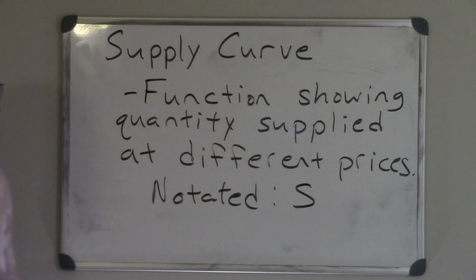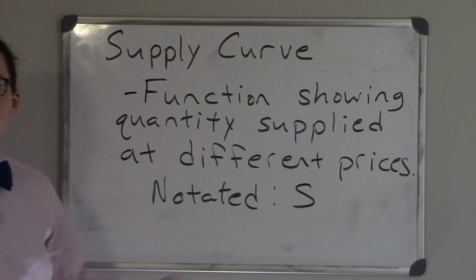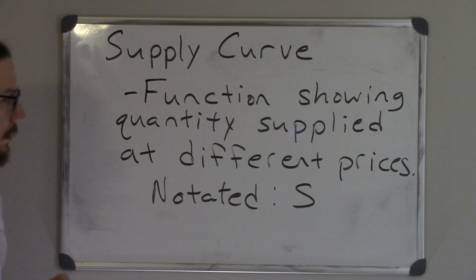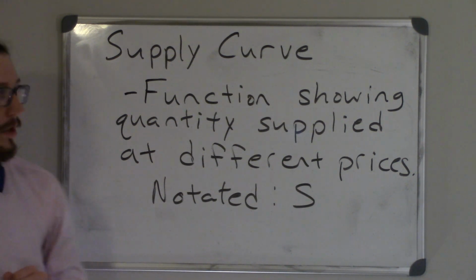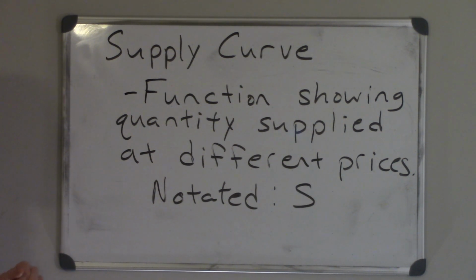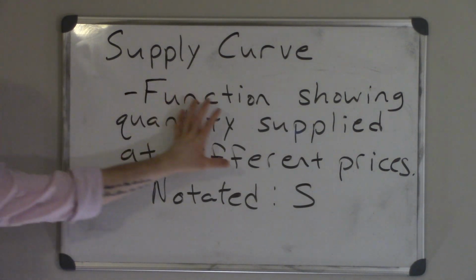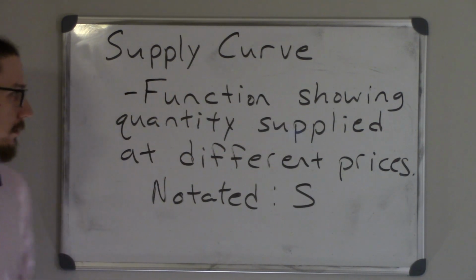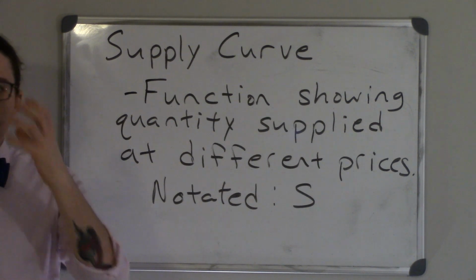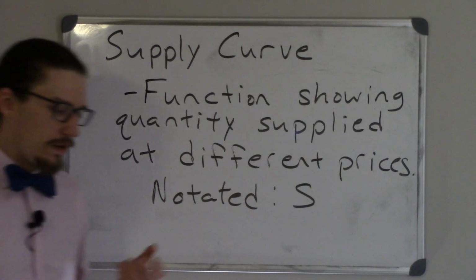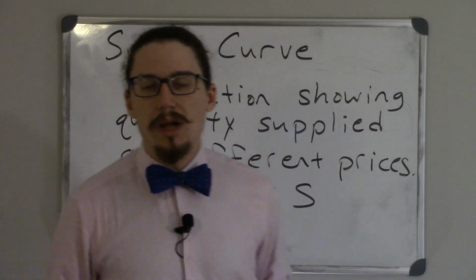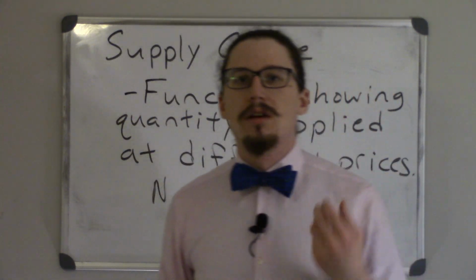Once we get to the graphing portion, we're going to notate the supply curve as a capital S. We're going to talk a little bit more about this in just a few minutes, but I want to put in our mind that the thing that really determines what our supply curve is going to look like is costs.